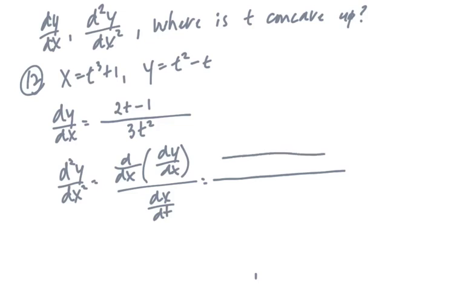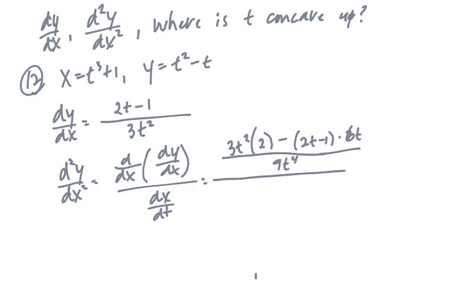The derivative is the bottom, which is 3t squared, or low d high. The derivative of the top 2t minus 1 is 2, minus the high, which is 2t minus 1, times the derivative of the low, which is 6t, all over the bottom squared.